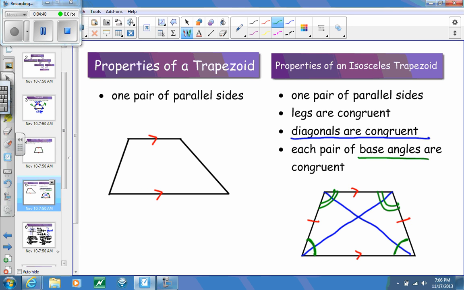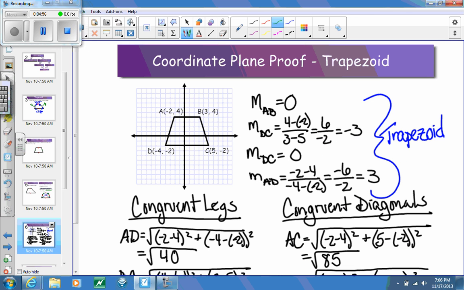So now how do we go through and prove that we have a trapezoid? Well, when working with quadrilaterals, one of the best things to work with is just knowing slope, because that's going to prove to you right away if you have a parallelogram or not. By using the slope formula, as I have right here, it shows me which sides are parallel.